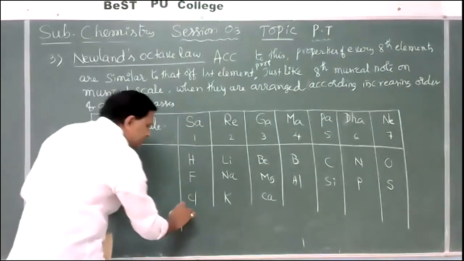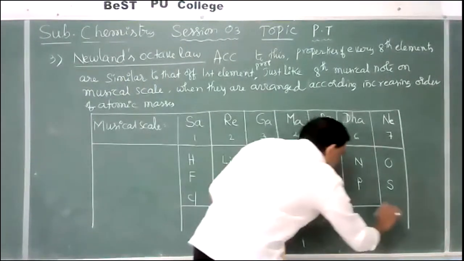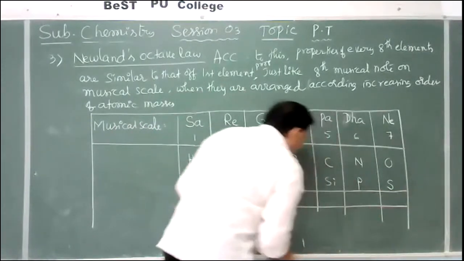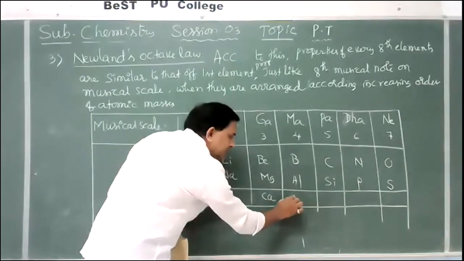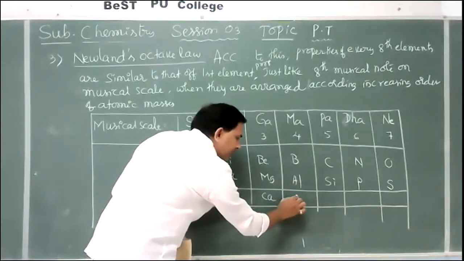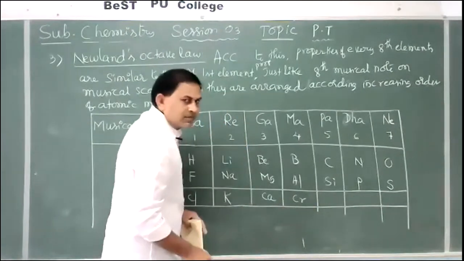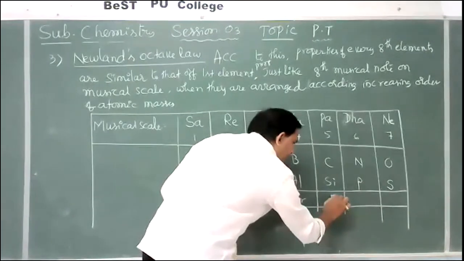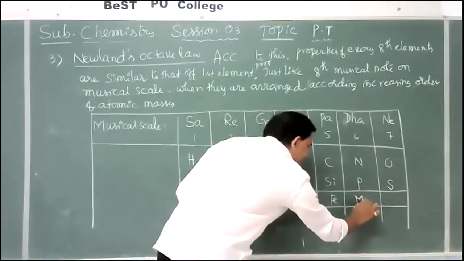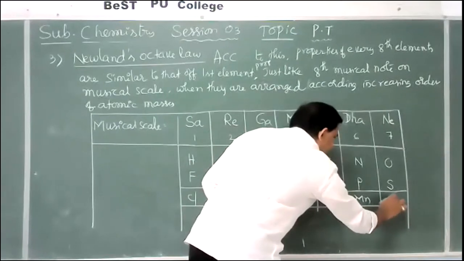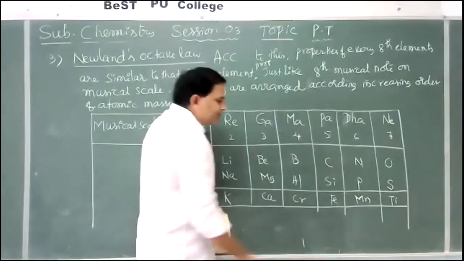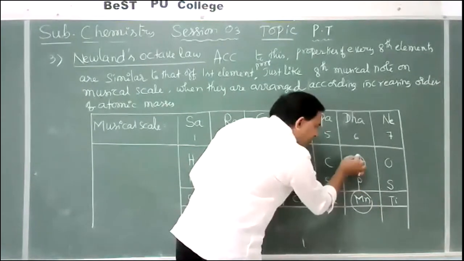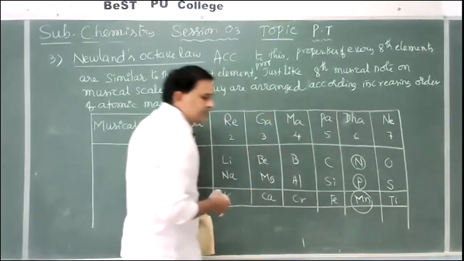After this, the elements are actually boron, aluminium, gallium, but here chromium is there. Some elements like iron are present, manganese is present, titanium is present. So the properties of manganese are not similar to nitrogen and phosphorus.